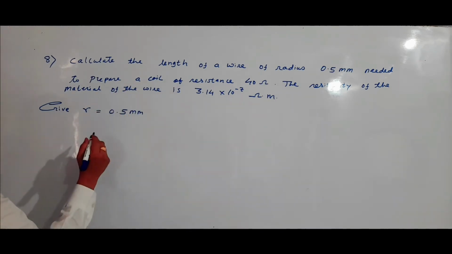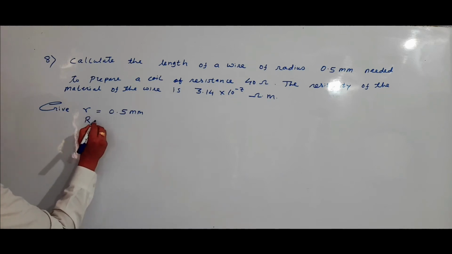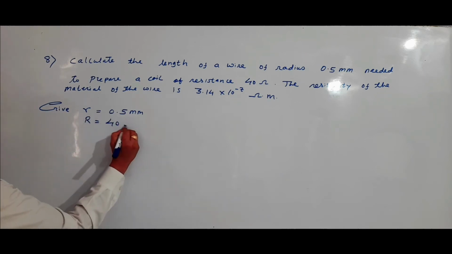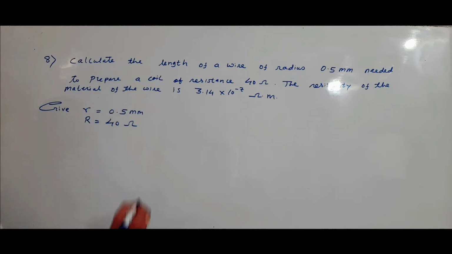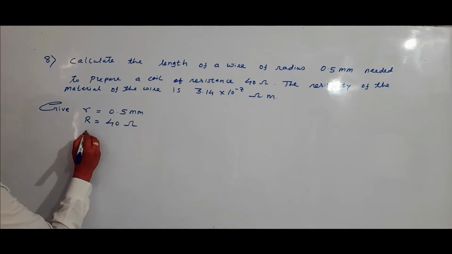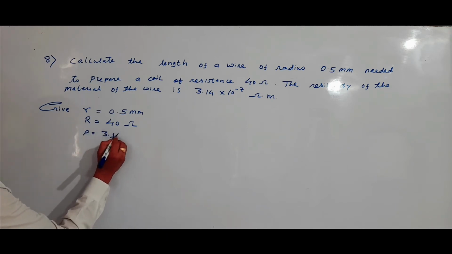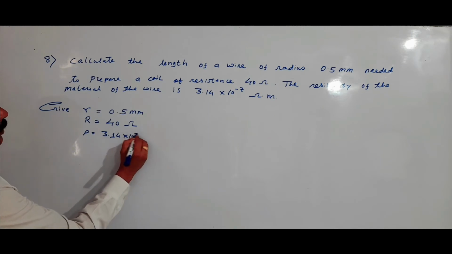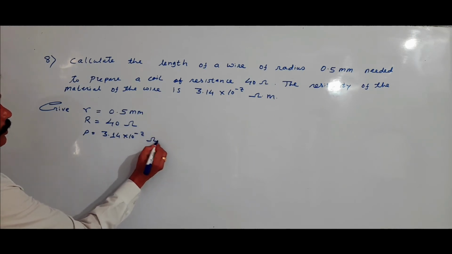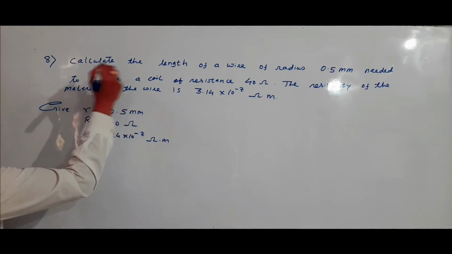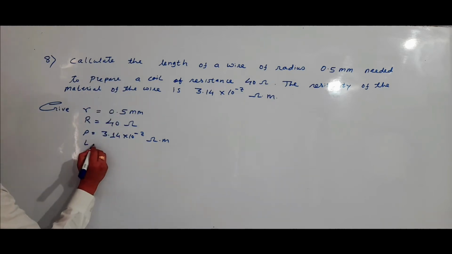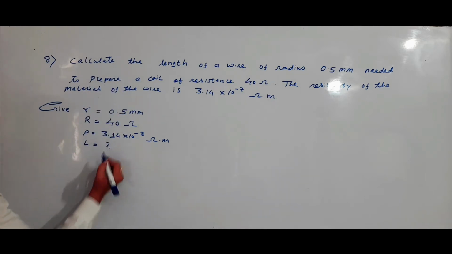Resistance R is equal to 40 ohms. The resistivity of the material of the wire is given as 3.14 into 10 to the power minus 7 ohm meter. Calculate the length of the wire. L we have to find out.